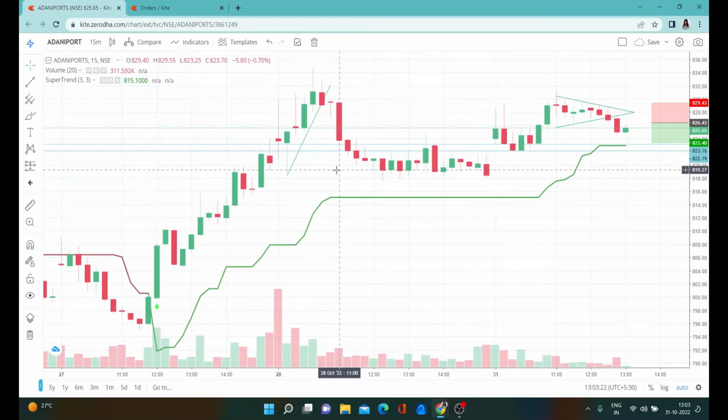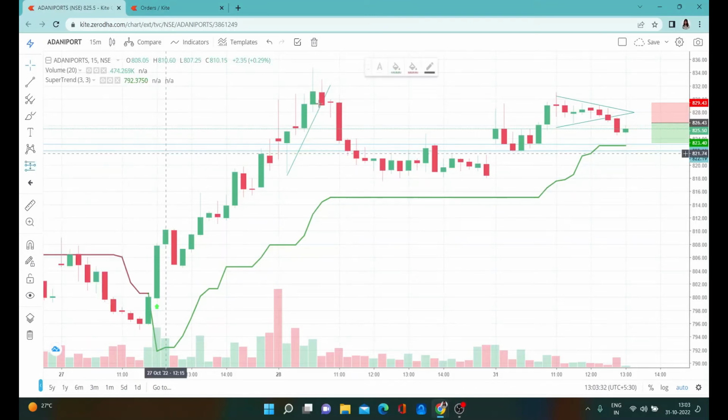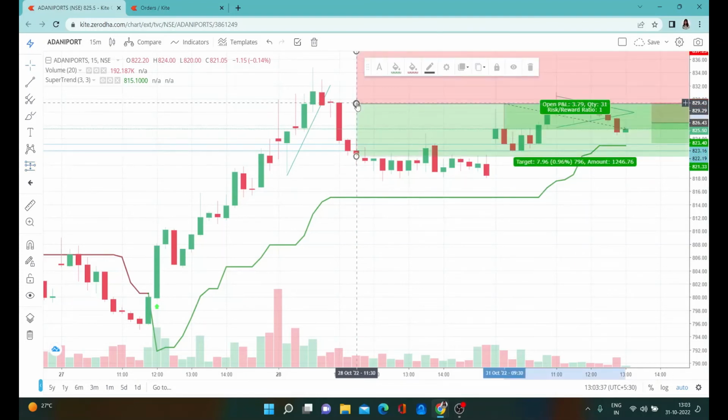So you're getting a risk to reward ratio of more than 1 point something. Let me show it to you. You're placing a short position here. So your entry would be at 829.4, suppose.